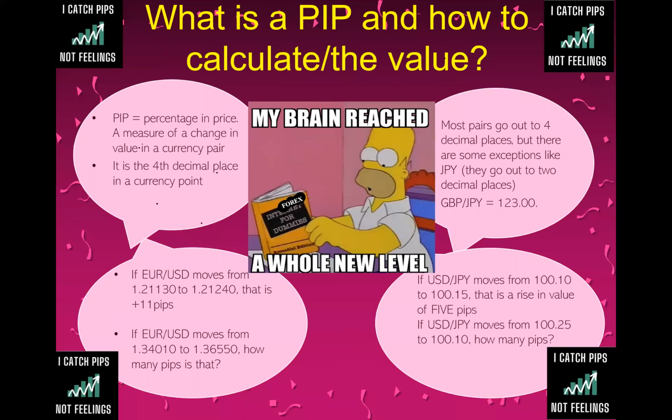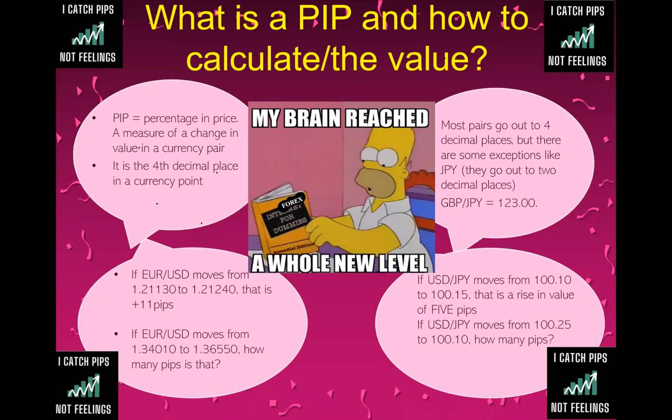So this is plus 254 then, isn't it? Yeah, 254 pips. So what you're saying is, if you're going from low to high, you do a subtraction, and then it's plus or minus.